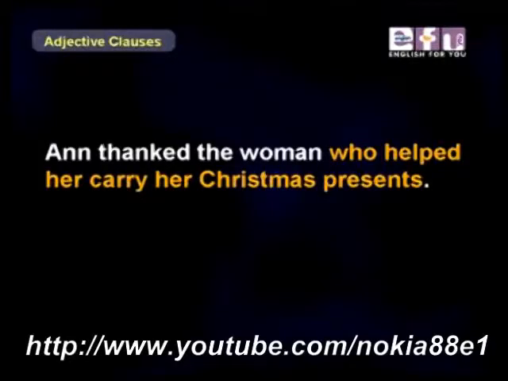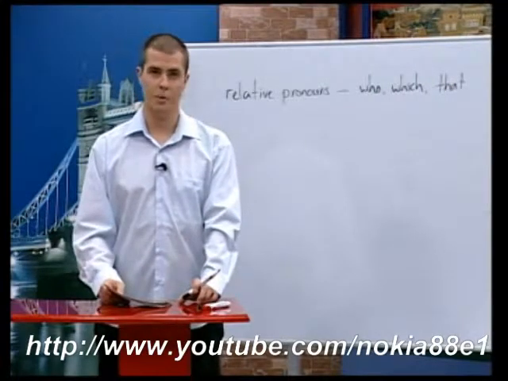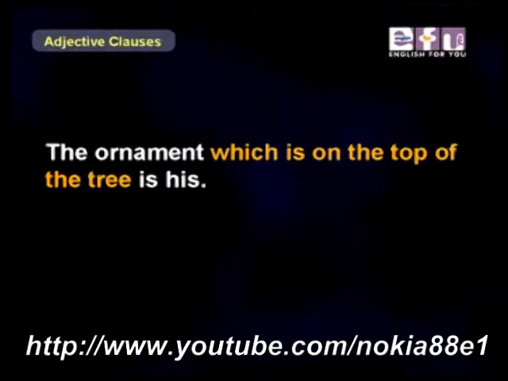In the first sentence, who helped her carry her Christmas presents is the adjective clause, and it's introduced by the relative pronoun who. It modifies the noun woman. The woman is who. In the second sentence, which is on top of the tree is the adjective clause, introduced by the relative pronoun which, and it modifies the noun ornament.